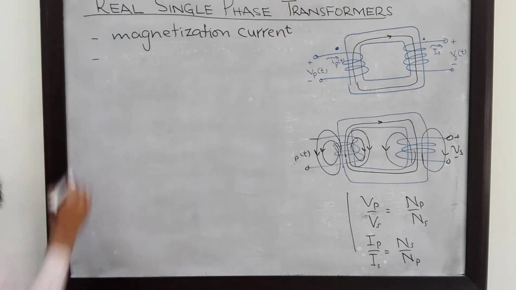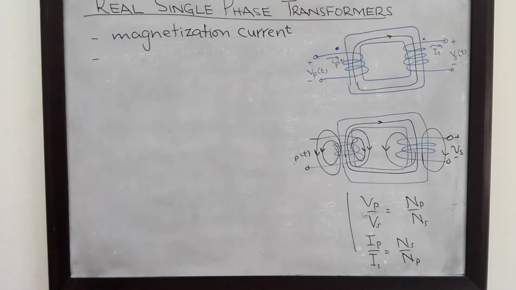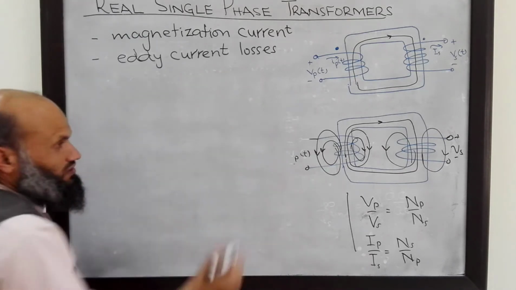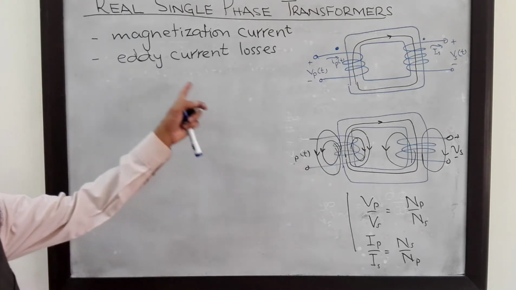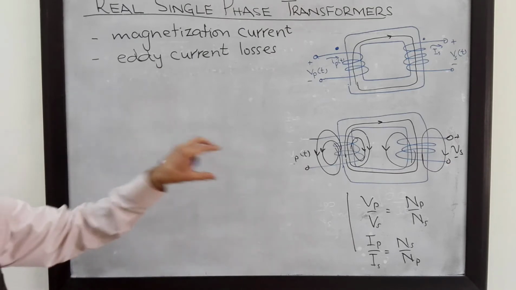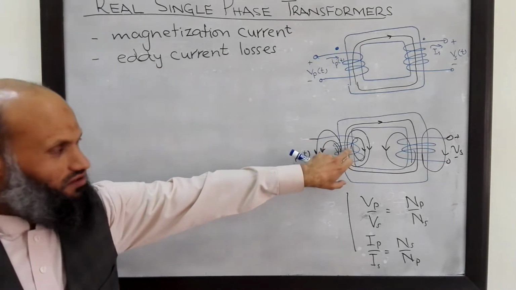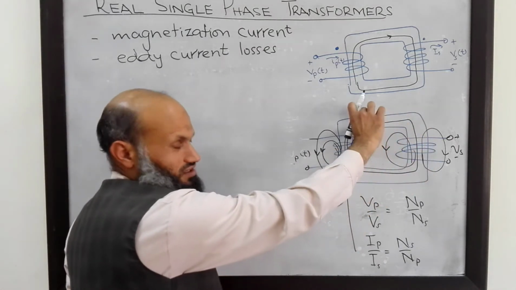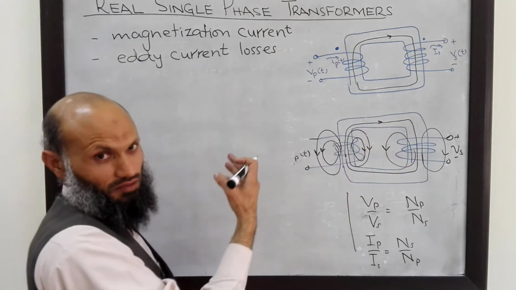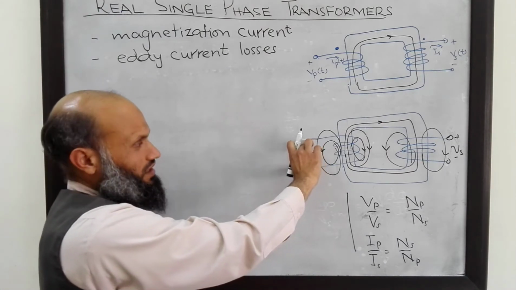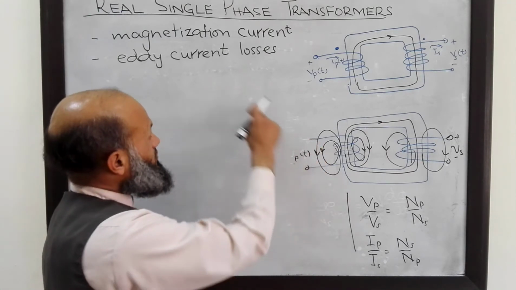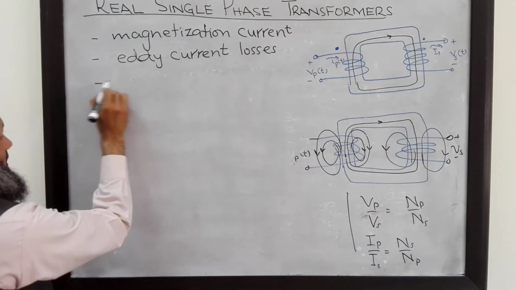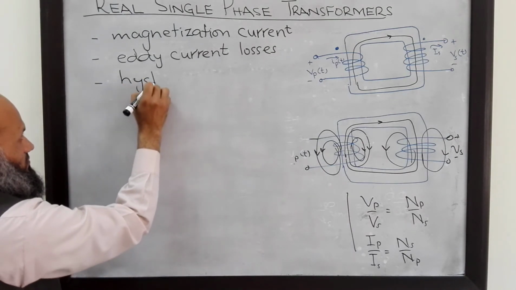And secondly, the current to incorporate the eddy current losses. That is, some current will be required to incorporate the eddy current losses, because if some energy is being consumed in the core, that has to be supplied by the source, and that is through this current. And also the hysteresis loss.